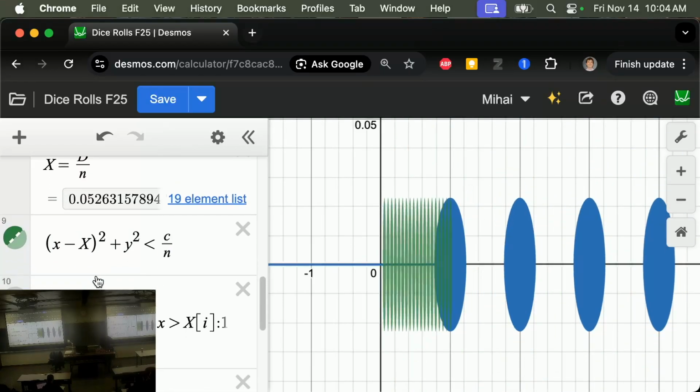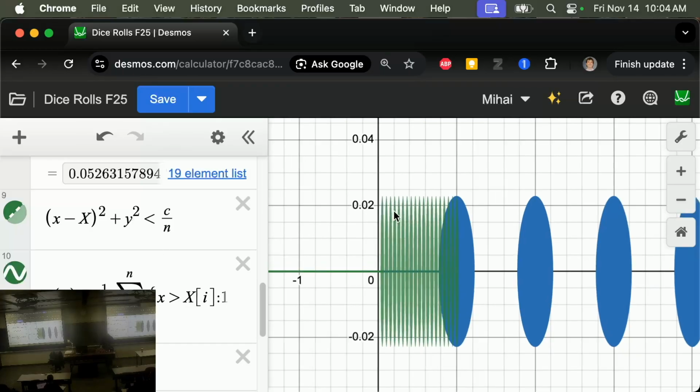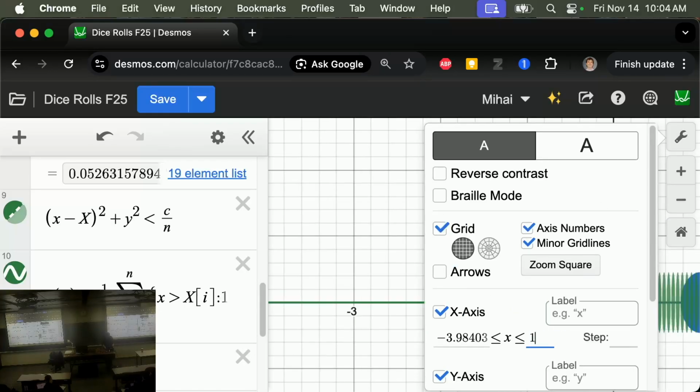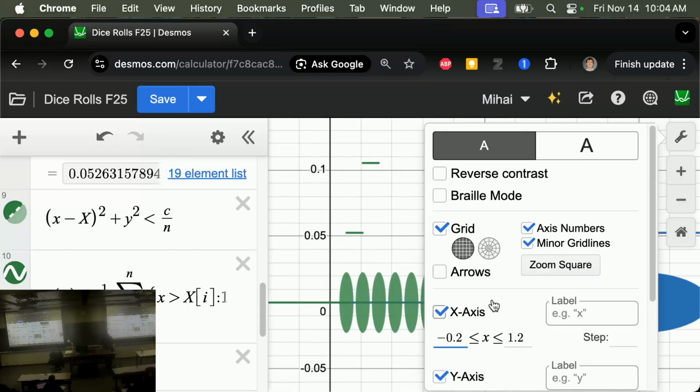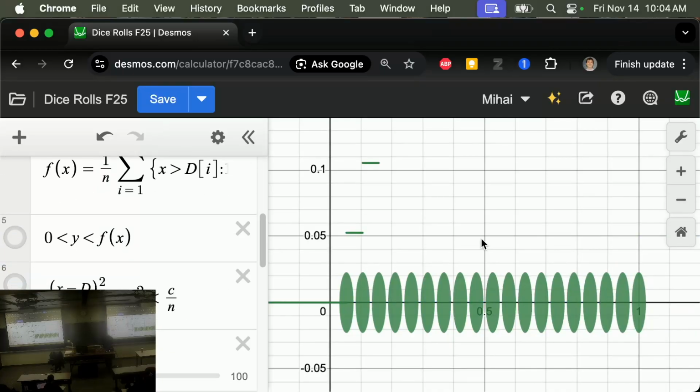Let's look now at the cumulative distribution function, because again, the individual probabilities are the same as the individual probabilities over there. They're all going to 0. But the thing that's exciting is the cumulative distribution function, which I call g. Okay, let's do a little zoom in here. And I'll make my x-axis go from negative 0.2 to 1.2. And I think, unfortunately, we're going to throw away the blues, because there's some crazy big thing over here.